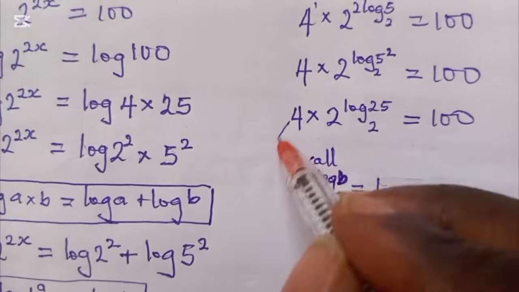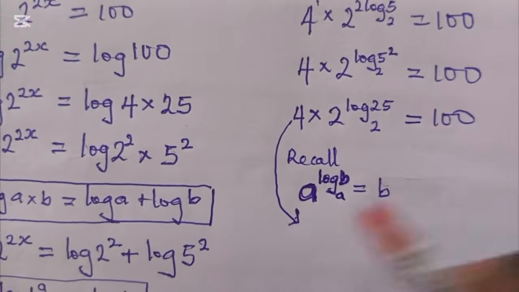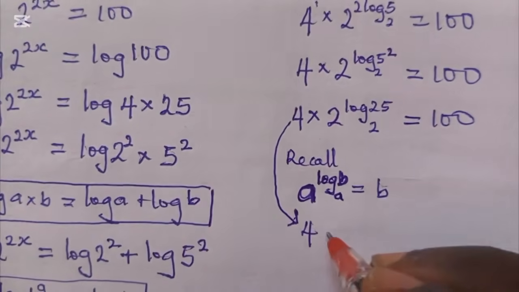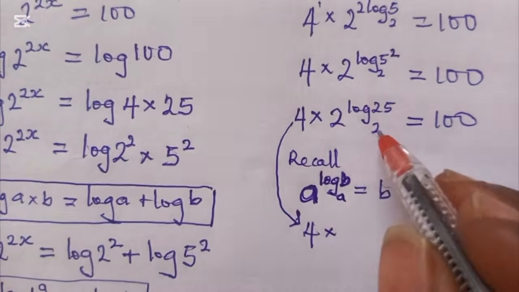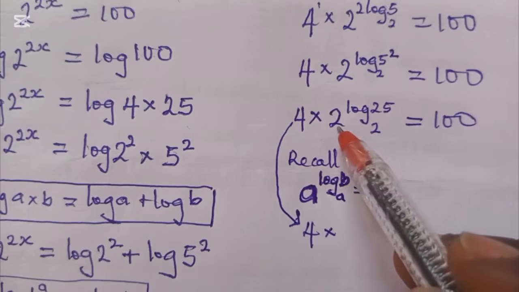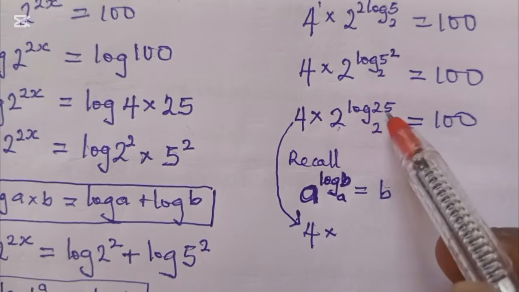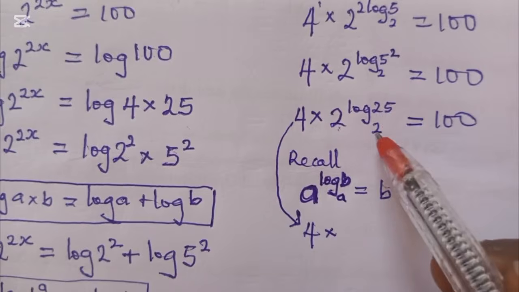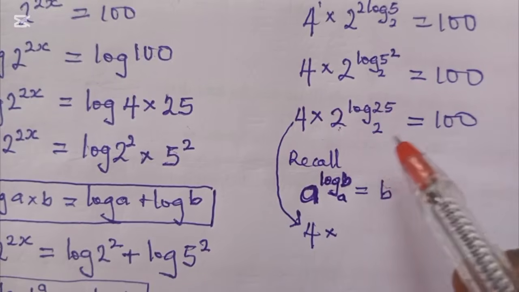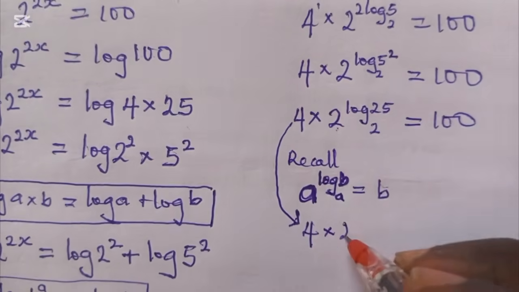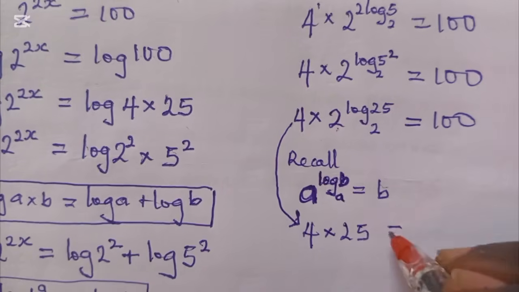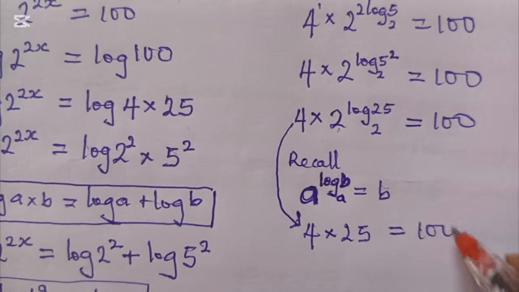So if you apply that here, we are going to have 4 times 25, since the base and the base of the log are equal, equals 100.